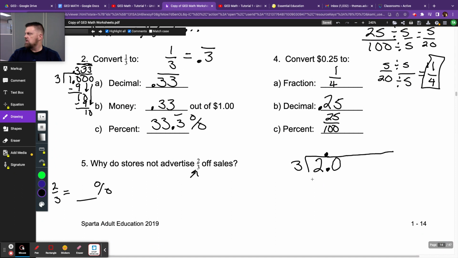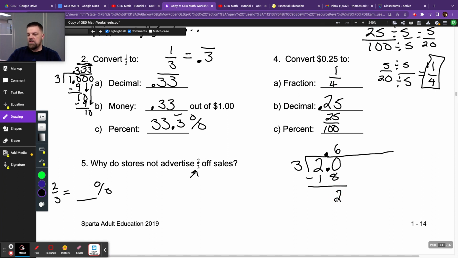How many times does 3 go into 20? What's the closest we can get? 3 times 9? No, that's too big. 6. Oh, 6. Very good. So 6 times 3 equals 18. When I subtract 18 from 20, what do you get? 2.